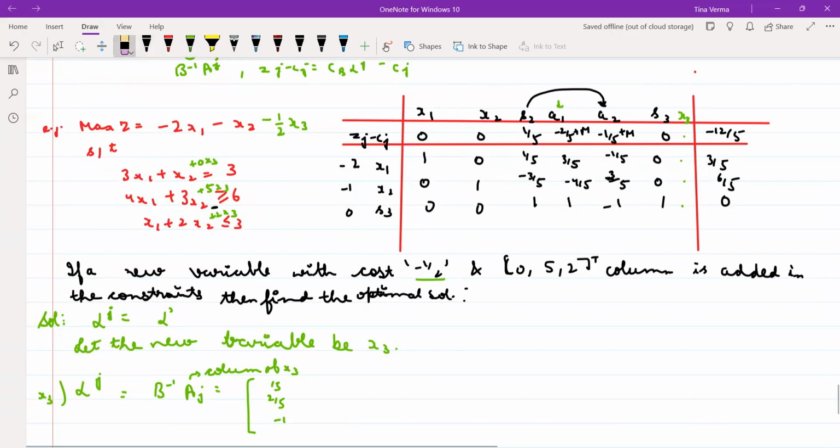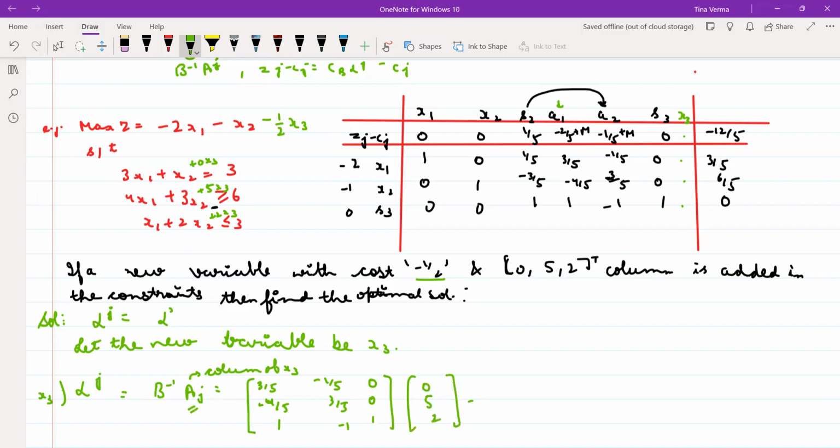This is the column of A1 entry and the column of A2 entry, and your initial is S3, that is 0, 0, 1. Now the Aj column which you have to enter is 0, 5, 2. So if you calculate, this comes out to be minus 1, 3, minus 3.